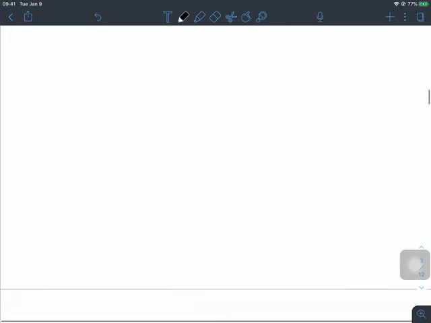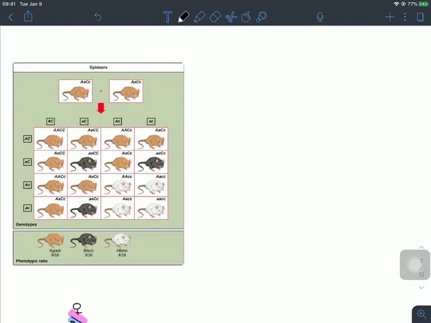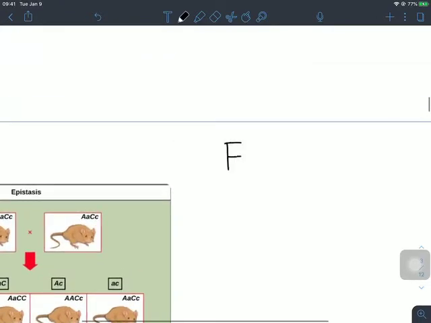Because next up, epistasis. All right. So epistasis means on top of control.